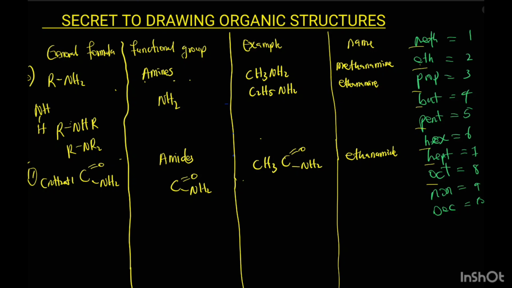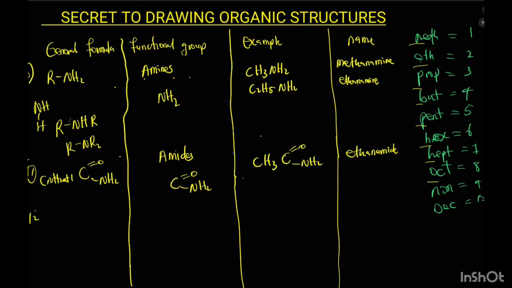Okay, so number 12, we're going to be dealing with nitriles, which is RC triple bond N. This triple bond is different from the triple bond of alkynes. This triple bond is a condition that's been fulfilled when carbon is bonding with nitrogen. So we have a triple bond.